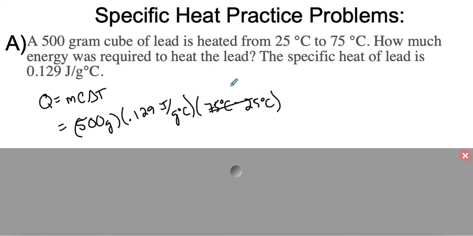That's going to get us 50 degrees Celsius, and then we multiply these to get a value of 3,225, and that is in joules. So not too bad. The heat required to heat it up was 3,225 joules.